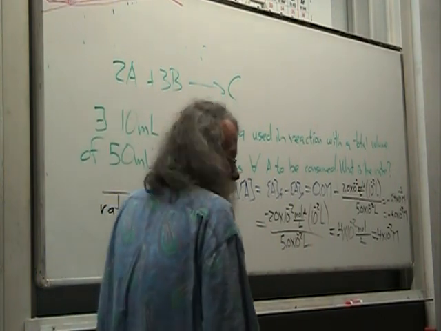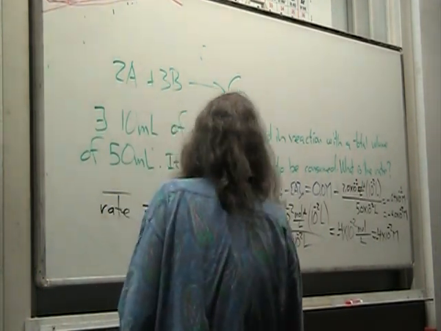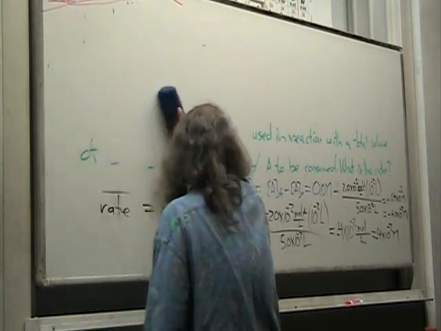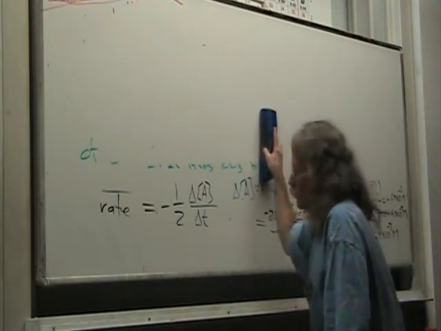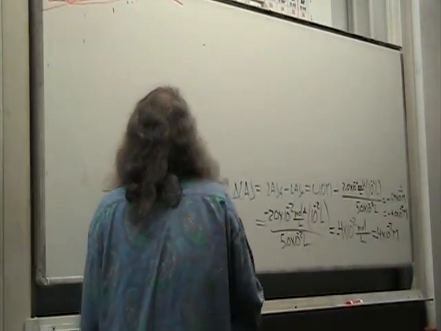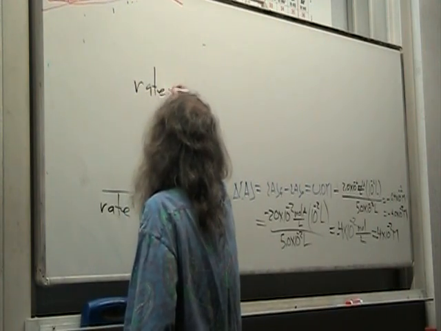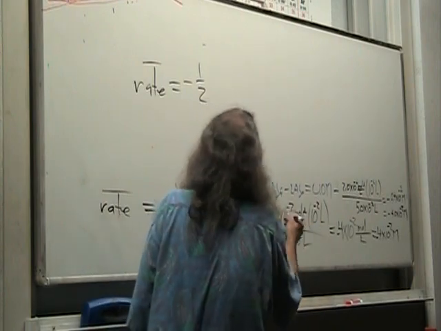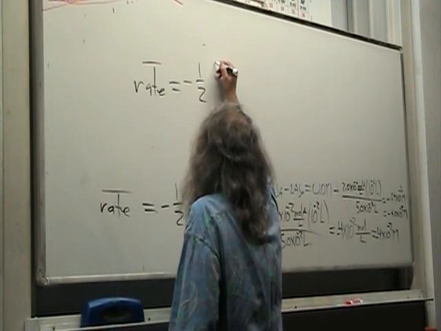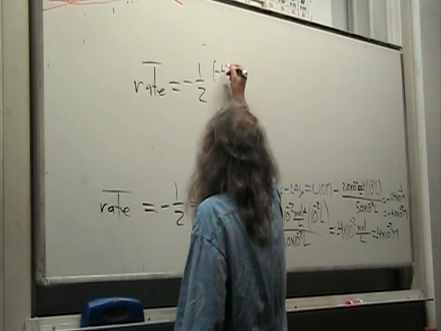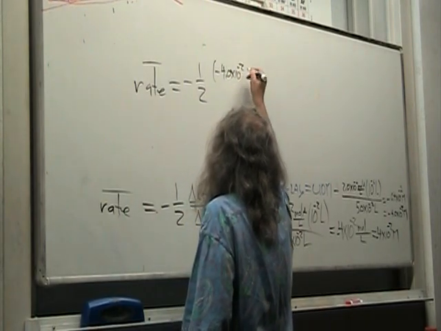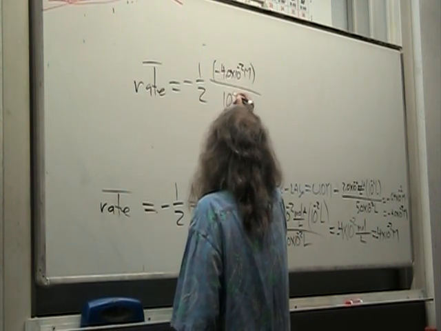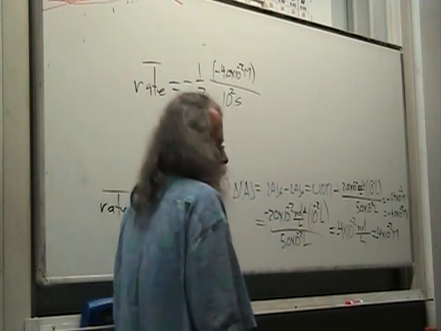And the rate is going to be equal to, so the rate equals minus 1/2, and I've got minus 4.0 times 10 to the minus 2 molar divided by 100 seconds.